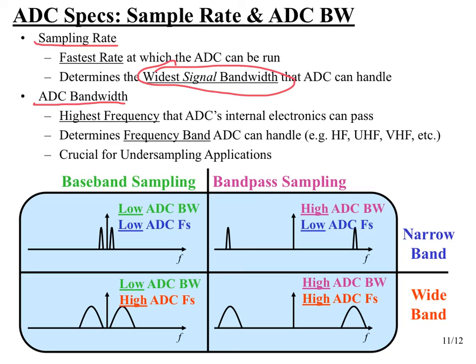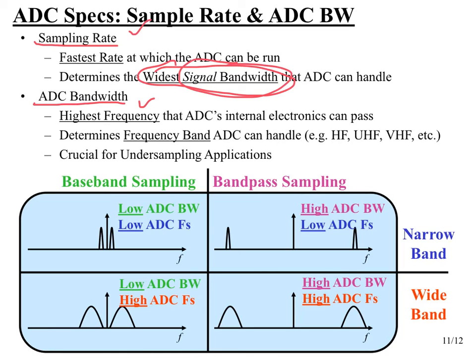Then, somewhat confusingly, there is the A to D converter's bandwidth, not to be confused with the signal bandwidth, which is set by the sampling rate. The A to D converter's bandwidth sets the highest frequency that its internal electronics can actually process.